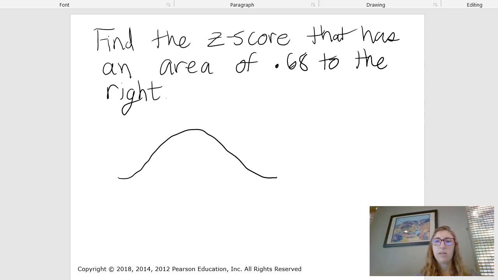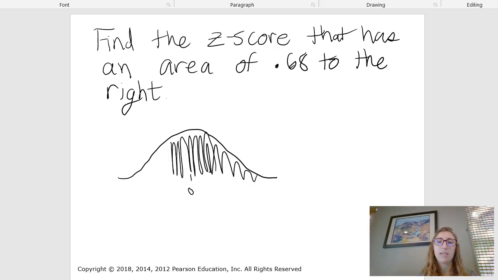All right, so let's see. This has an area of 0.68 now to the right-hand side. Okay. So if our area to the right here of some value needs to be 0.68, we must be past 0. Right, so now we're looking for some z-score where the area to the right here is 0.68.